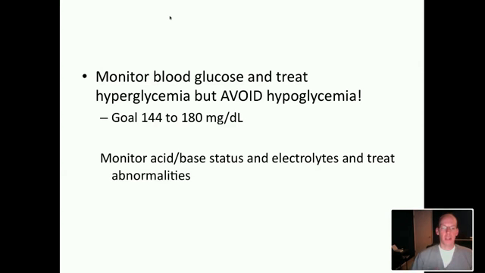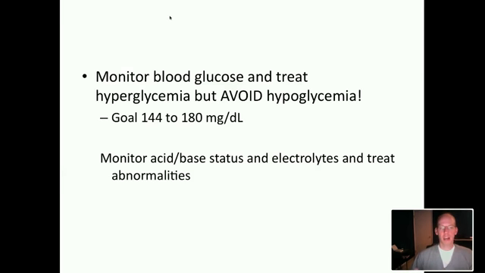So neurologically and acid base. For acid base, it's important to monitor your glucose and treat any hyperglycemia, but it's very important to avoid hypoglycemia. You need to keep them in this 140 to 180 range. You don't want either end. Hypoglycemia is damaging, hyperglycemia is damaging. You want to keep them with a goal of 140 to 180.